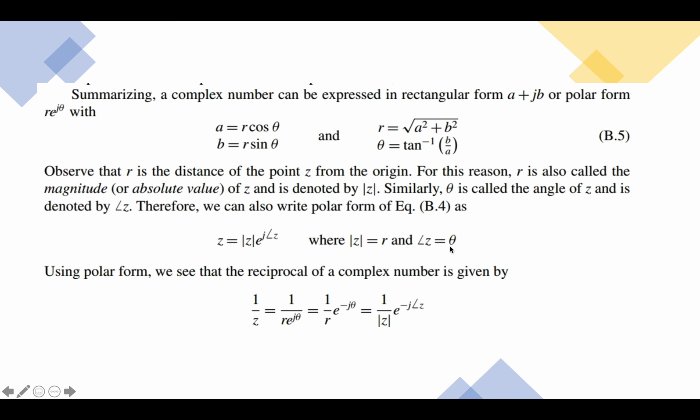So as we've seen from the figure, the angle of z is theta, the magnitude of z is r, so we could write this as z equals r e to the j theta.